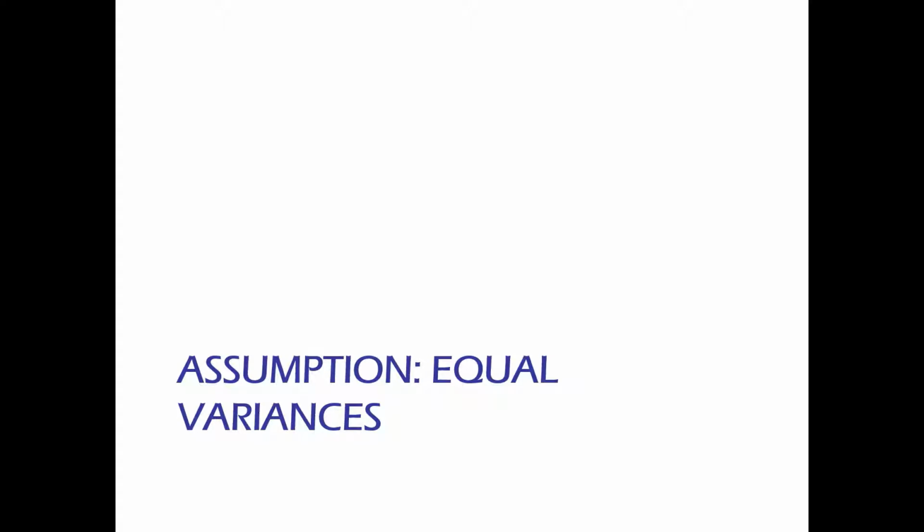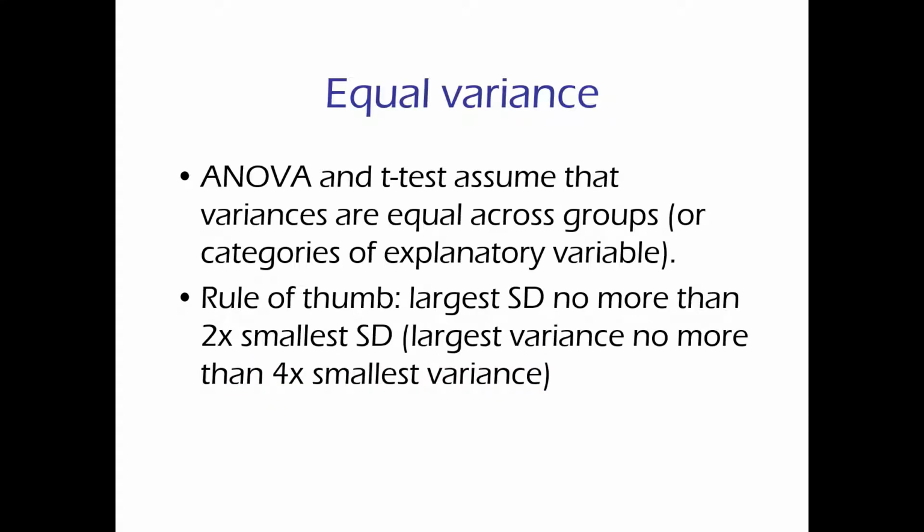Now let's take a closer look at the assumption of equal variances. Both ANOVA and the t-test assume that the variances are equal across all groups. This is an area with discussion and controversy, so we may not have a conclusive instruction to follow here.